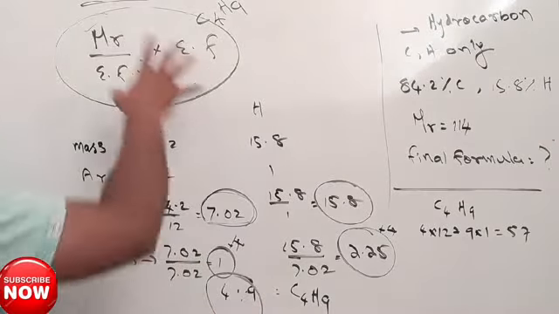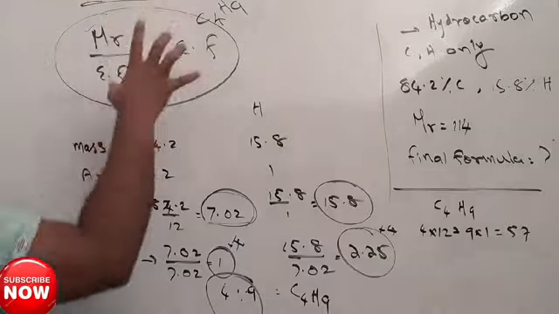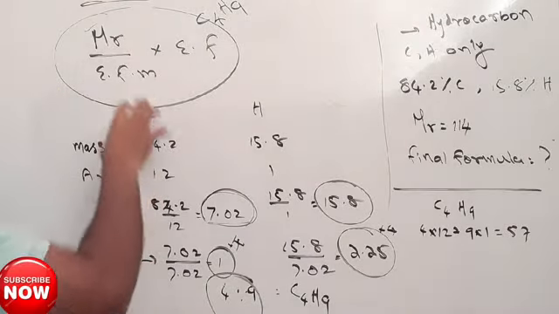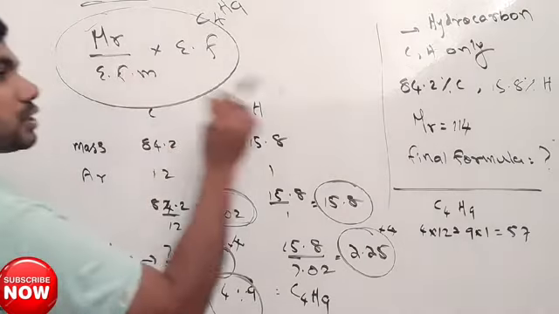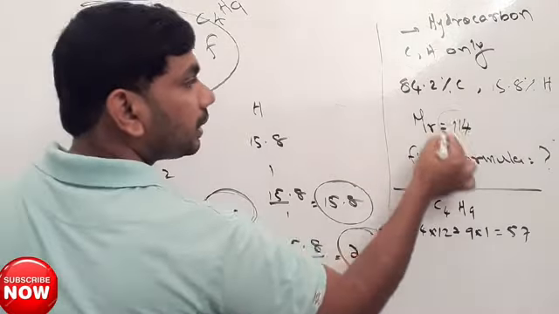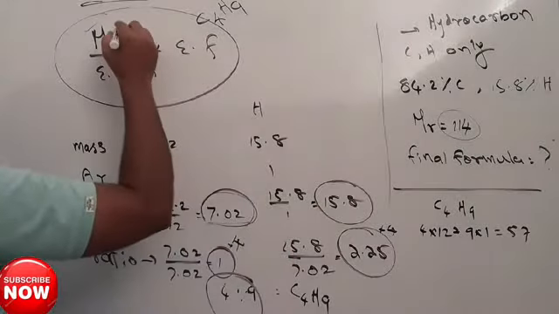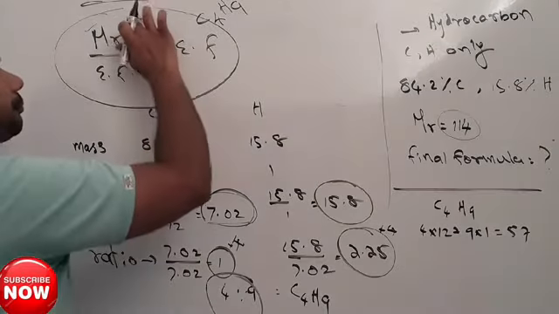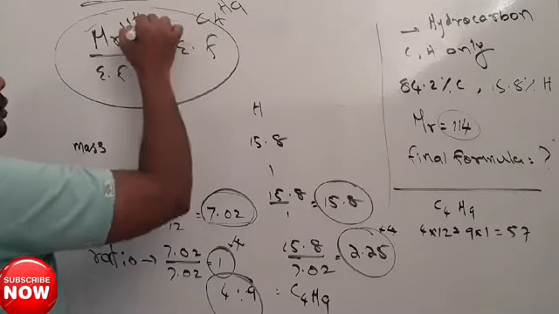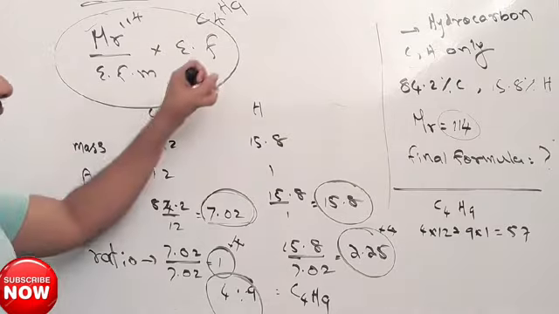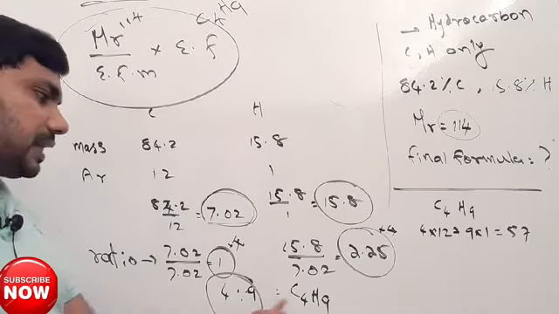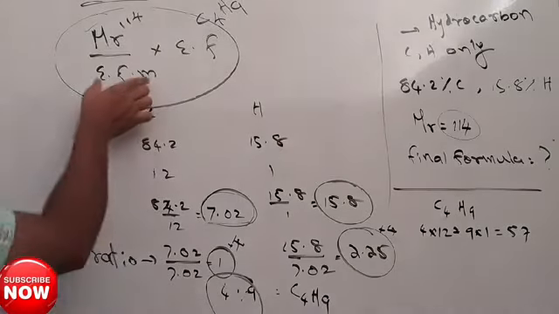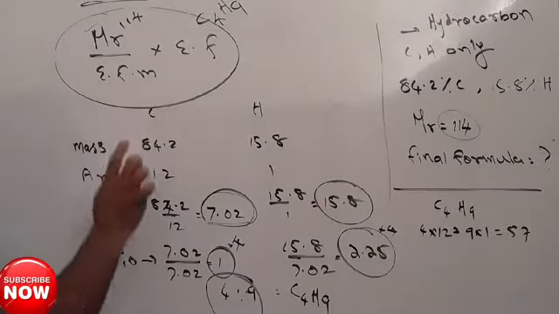Also I told you this is the formula to find the final molecular formula. Here the molecular mass of this compound is already given in the question: 114. Now we obtained the empirical formula, C4H9, and what you need now is the empirical formula mass.